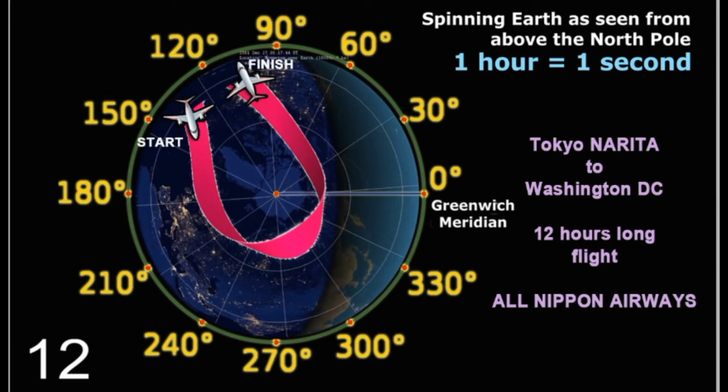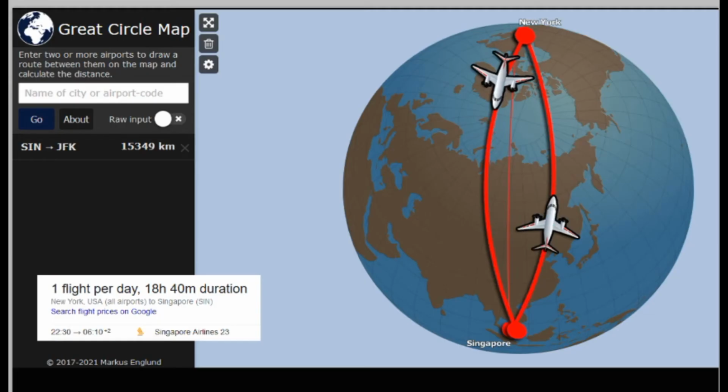Let's go ahead and look at our 2 final flights. This is our final flight, and we're going to cover both ways. Now this is a flight from Singapore to New York. It takes 19 hours, or 18 hours and 40 minutes, so I rounded up to 19.